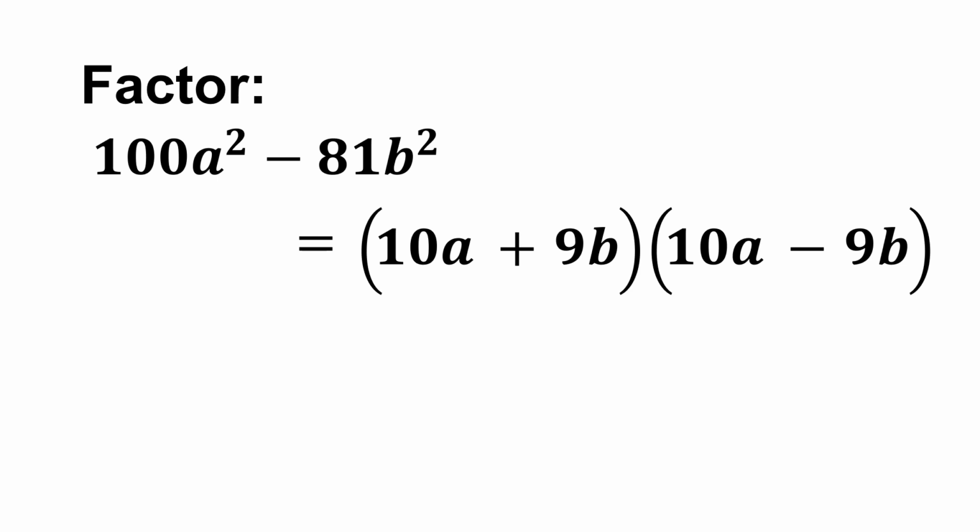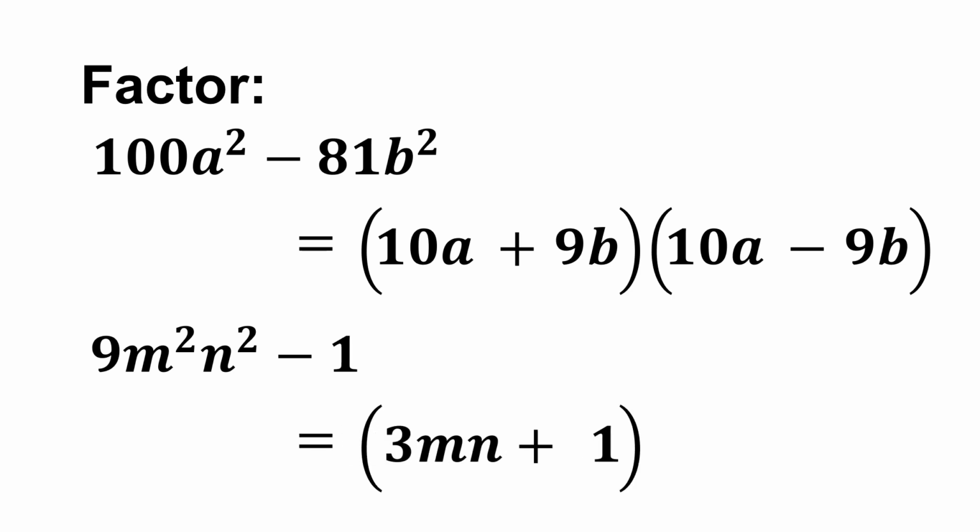Hence, 100a squared minus 81b squared is equal to the quantity 10a plus 9b times the quantity 10a minus 9b. For 9m squared n squared minus 1, the factors are 3mn plus 1 times 3mn minus 1.